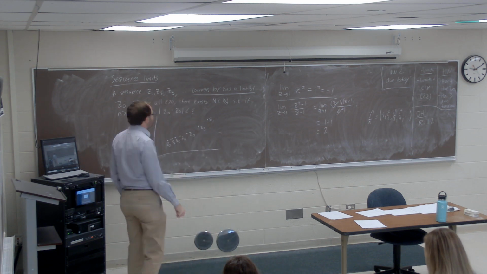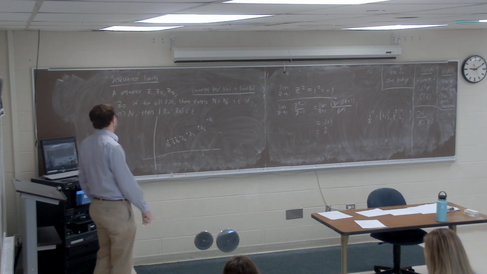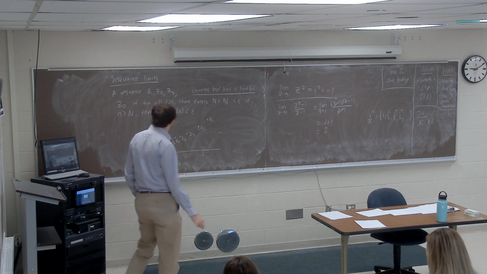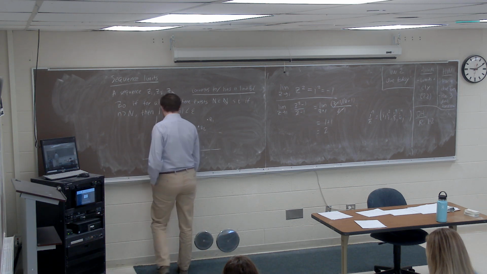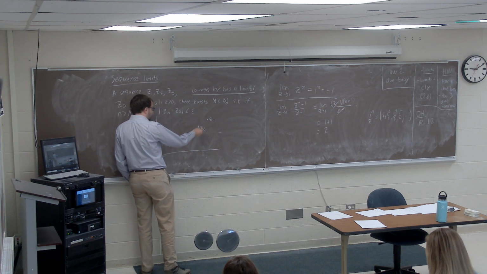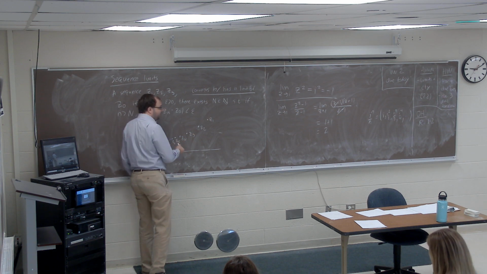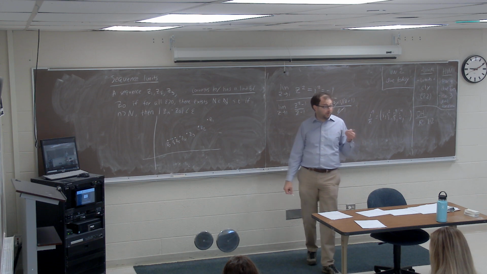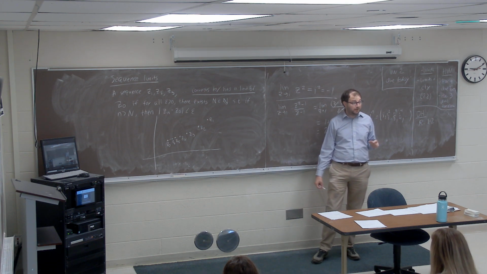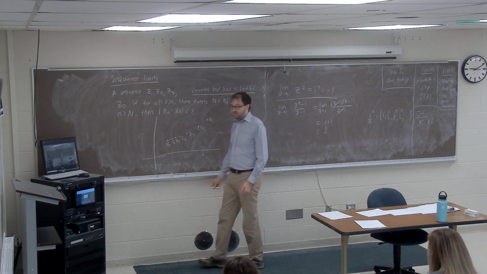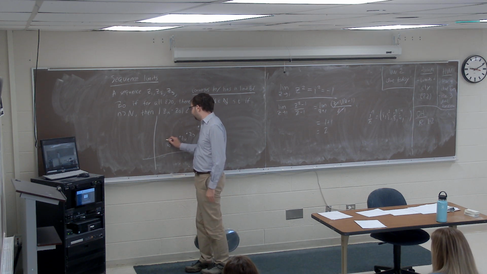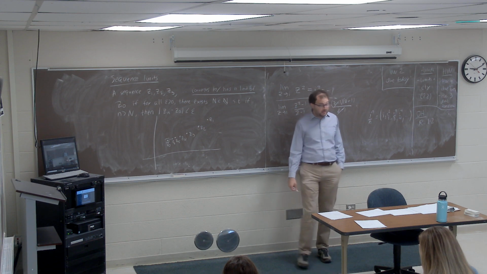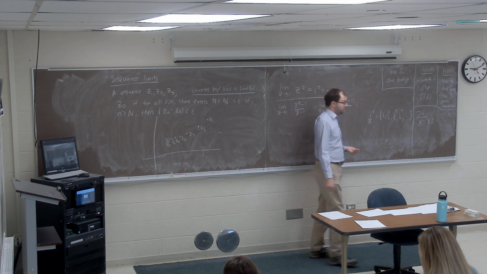So let's say we have a sequence of points in the complex plane that looks a little bit like this, where we have a z1, a z2, a z3, a z4, a z5, and a z6, with the idea that as we keep going further out in our sequence, there's a fixed point at z naught that all of the points in our sequence are getting closer and closer to.